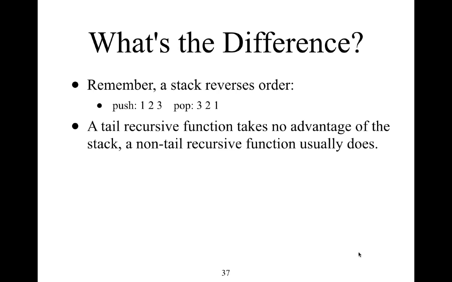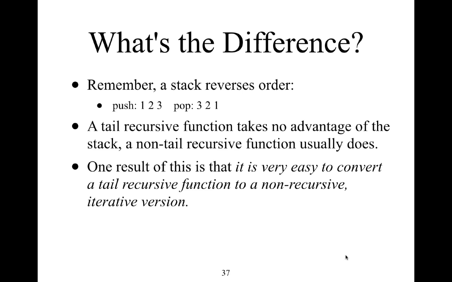A tail recursive function takes no advantage of the stack because there's nothing that needs to be done on the way back up. A non-tail recursive function does. There's some computation. It has to actually restore the activation record and do something with it. A tail recursive function, although the activation record is restored, there's nothing to be done except return to its caller.